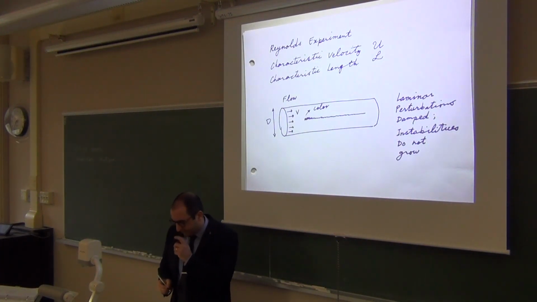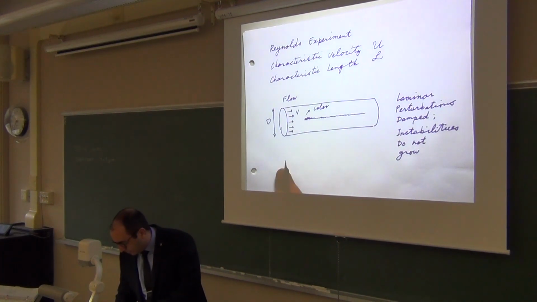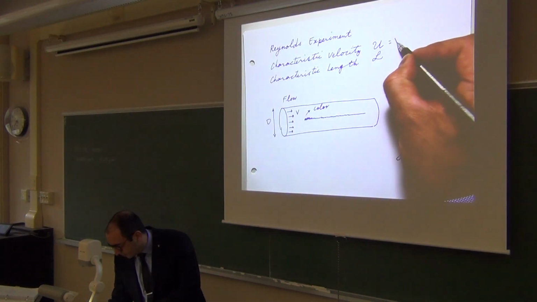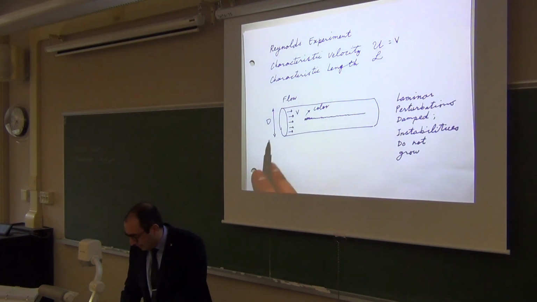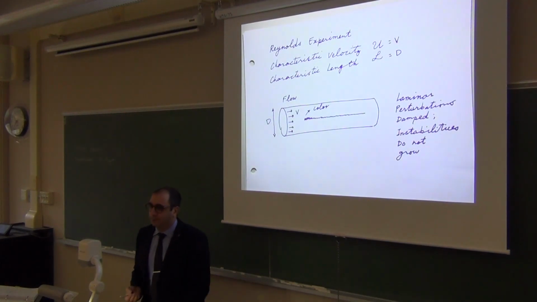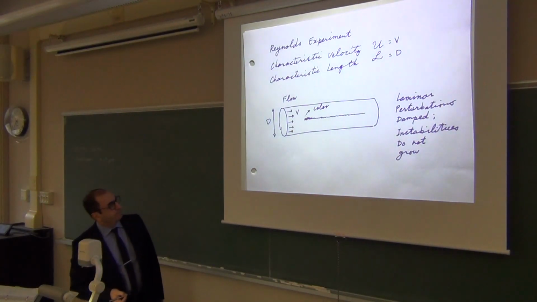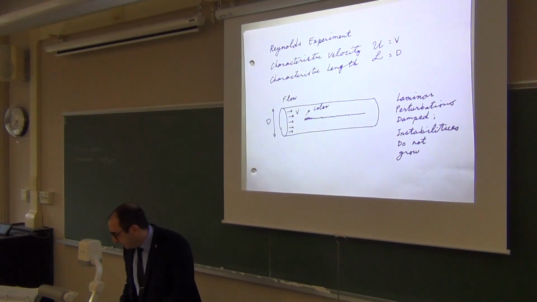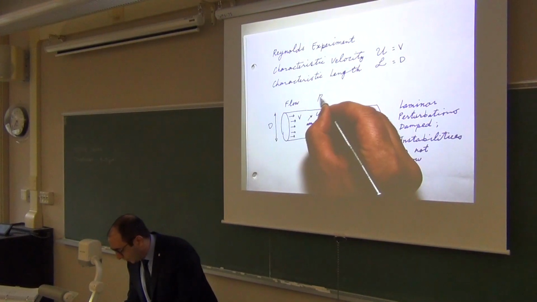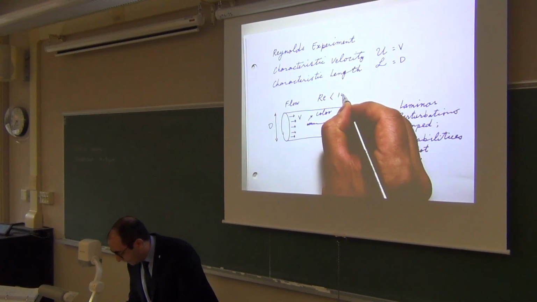And for this problem, the characteristic velocity U you can take as the velocity of water in this pipe or channel, and L, the characteristic length, you can take as the diameter. So this is what happens under laminar conditions. This happens when the Reynolds number is less than, say, about 1,000.